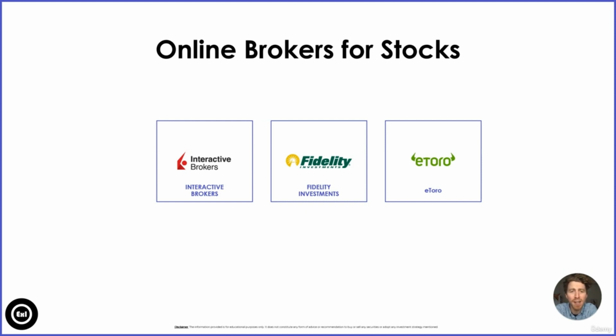eToro is an Israeli social trading platform. What this means, I'm going to explain in a second. They offer trading and investment services in stocks, commodities, indices, forex, and cryptocurrencies. Social trading means that you can follow other investors, copy their style of investing, but also get followers by sharing ideas.